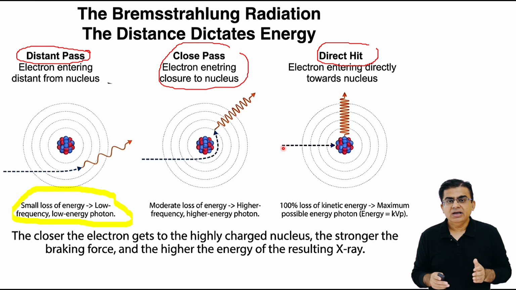Here, the high-speed incoming electron hits the nucleus, making a head-on collision. The electron loses its entire 100% kinetic energy in one single collision. This produces the maximum possible energy photon, which is perfectly equal to your machine's kilovoltage setting.